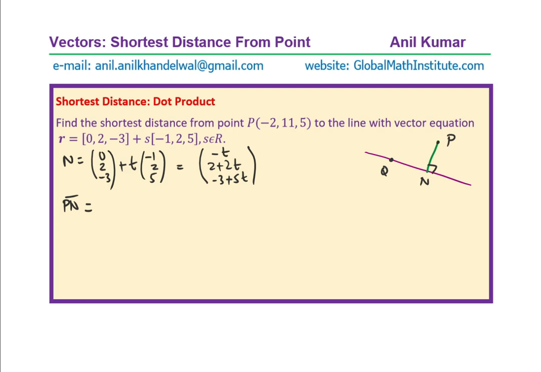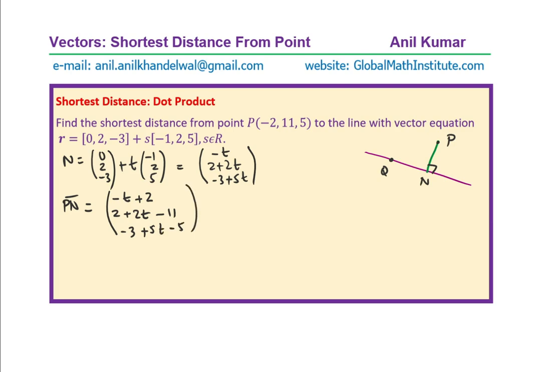Now, P to N is N minus P, so we could write this as (-t plus 2, 2 plus 2t minus 11, -3 plus 5t minus 5).